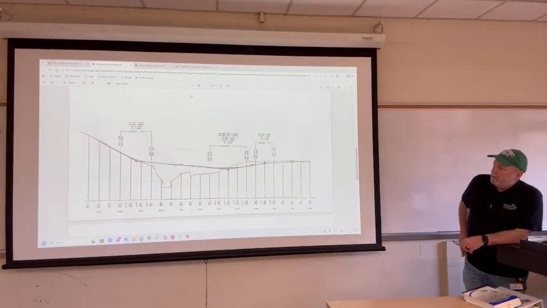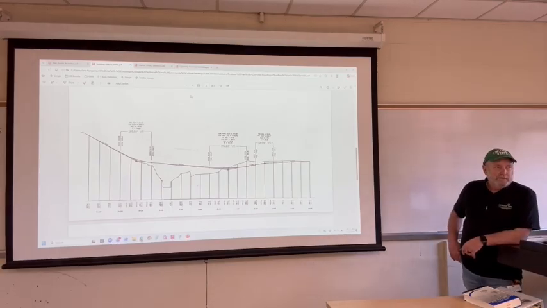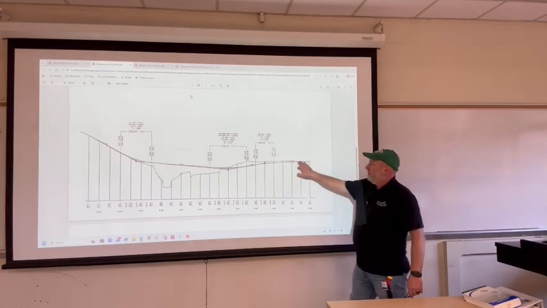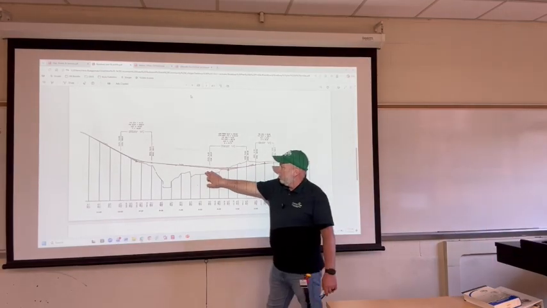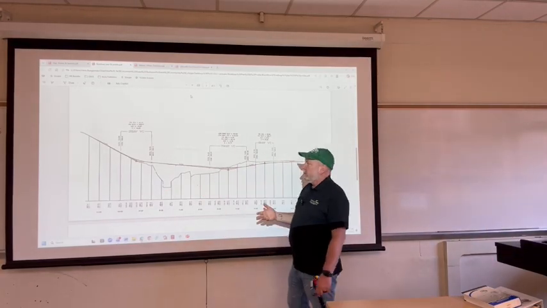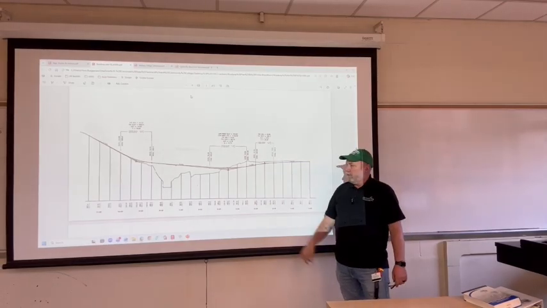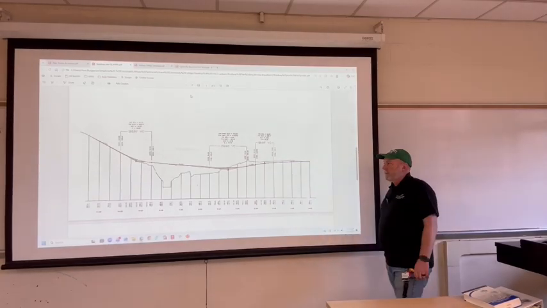Here's a good example of the profile view straight on. So that is cut along the center line of the proposed road. This solid jagged line moving all over the place would be the existing ground, existing conditions. The dark solid line would be the proposed roadway.